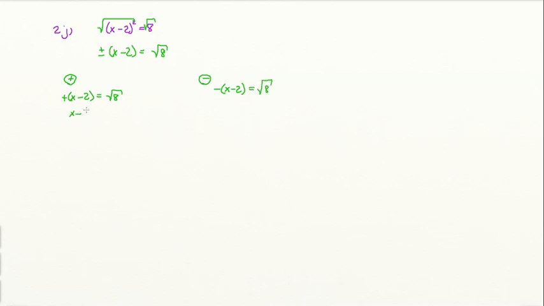So x minus 2 equals root 8. And we have to simplify root 8.